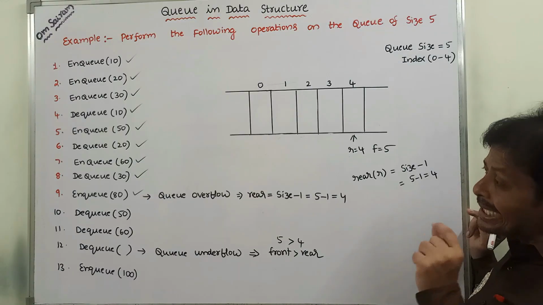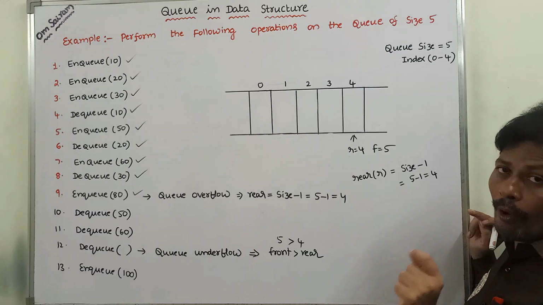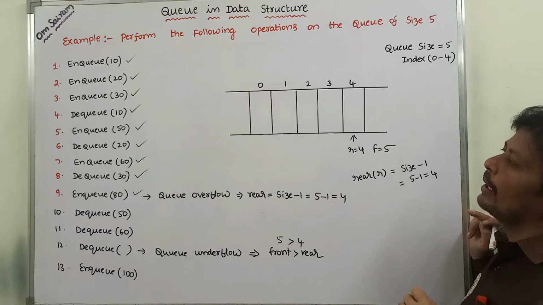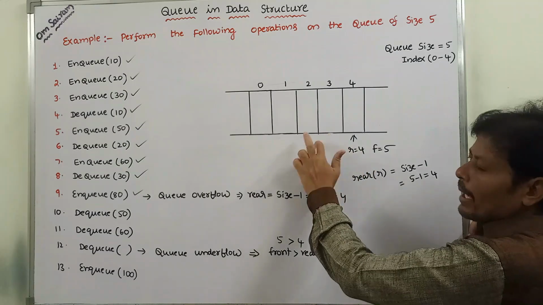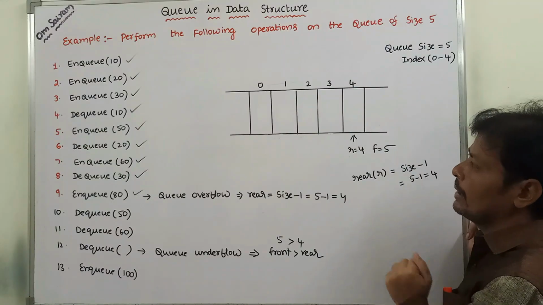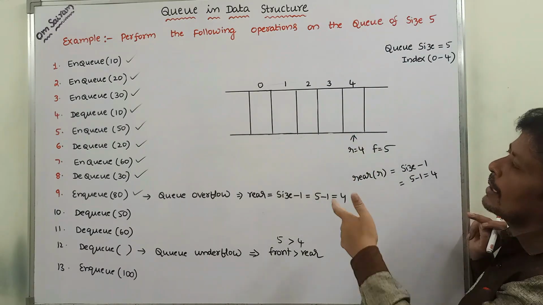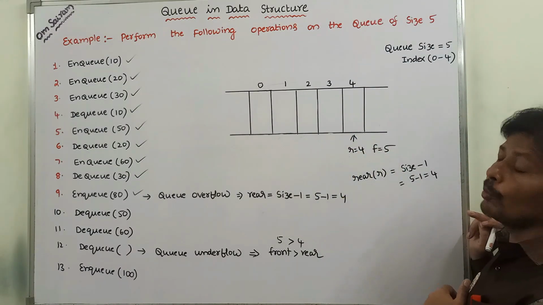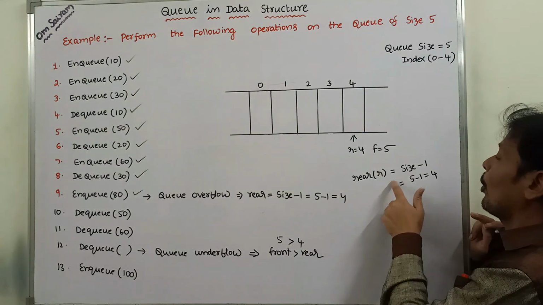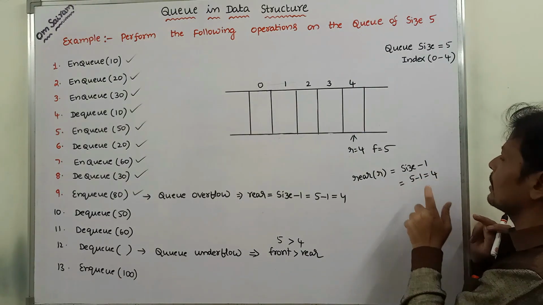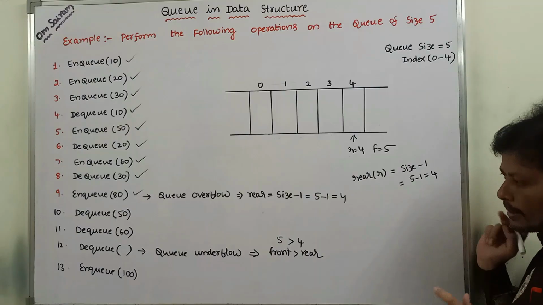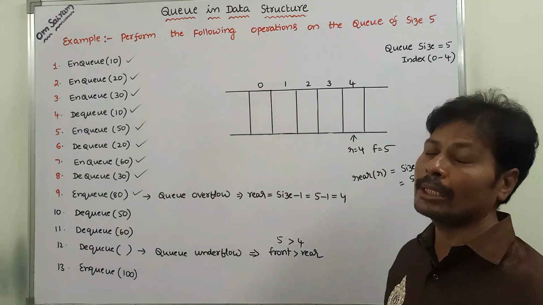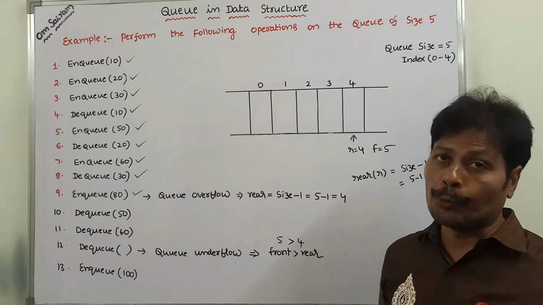Okay, so this is the disadvantage of the queue. The queue is empty, but it is not possible to insert a new element whenever the rear pointer is pointing to size minus 1, that is equal to 4. This is the main disadvantage of the queue.